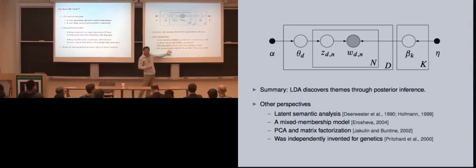I mentioned in the beginning of the talk, this idea was independently invented for genetics. This is the famous Pritchard-Stevens-Donnelly model in population genetics. Okay, and some work we've been doing, for example, has been to take the algorithms that we developed for LDA and port them to the genetics setting in order to scale up the genetics algorithms. That's genetics algorithms, different from genetic algorithms.